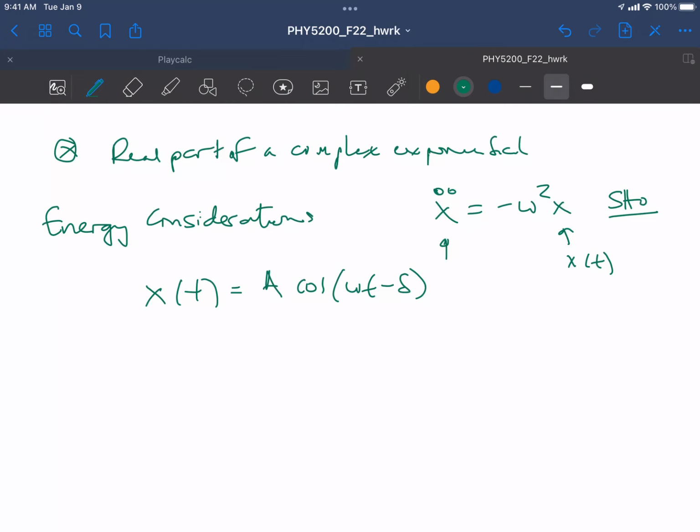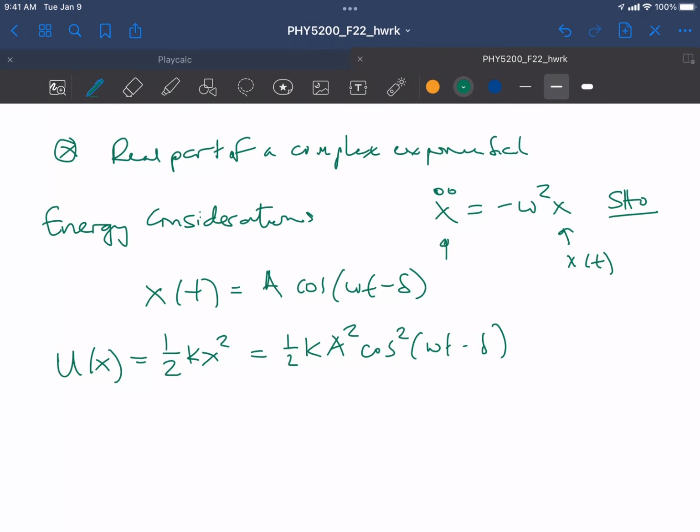There is the position as a function of time, so the potential energy, which is 1/2 k x squared, thus equals 1/2 k a squared cosine squared of omega t minus delta. We just put x in there.